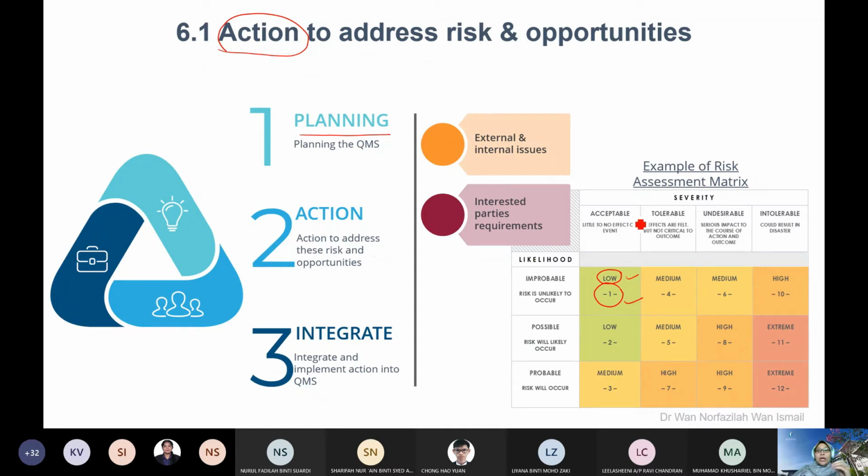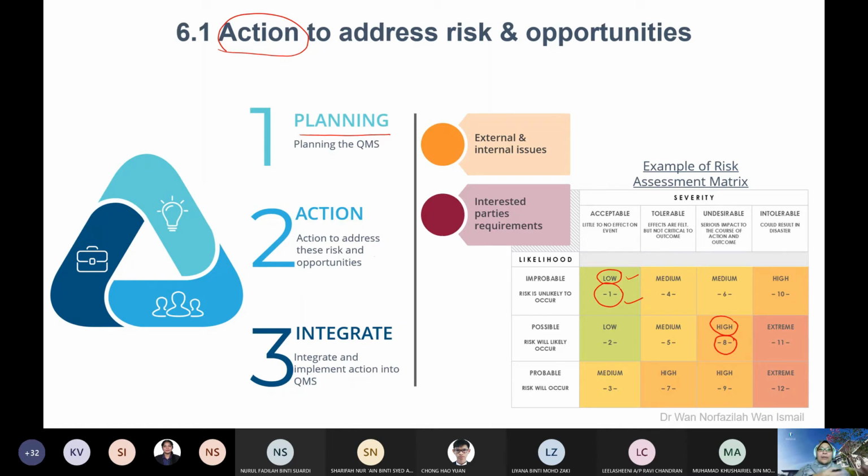Okay, if the risk will give a serious impact to the course of action and outcome, and the possibility to happen is likely to occur, okay, you can put it as high, or you can use number 8 to address that risk.